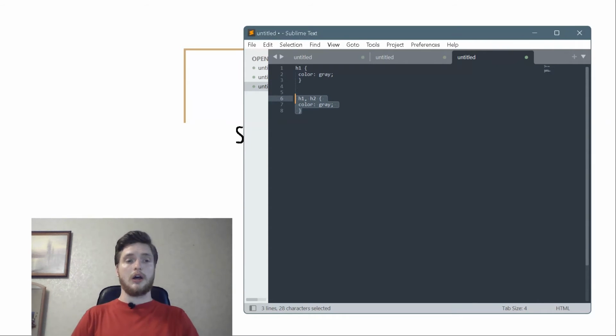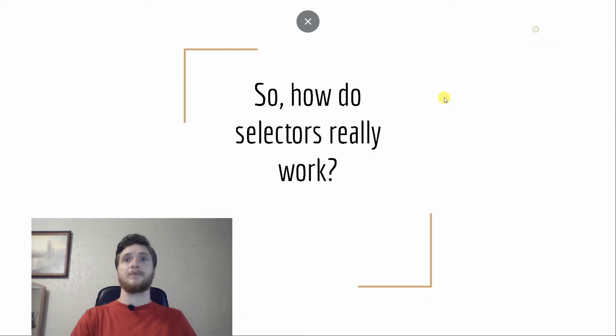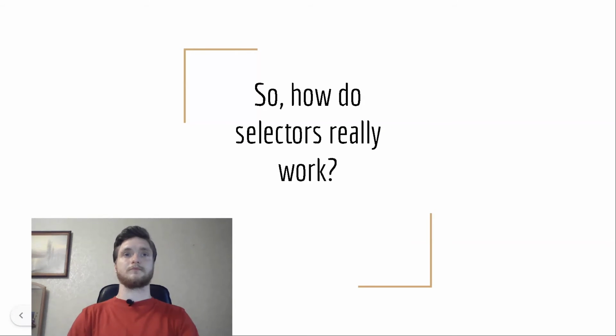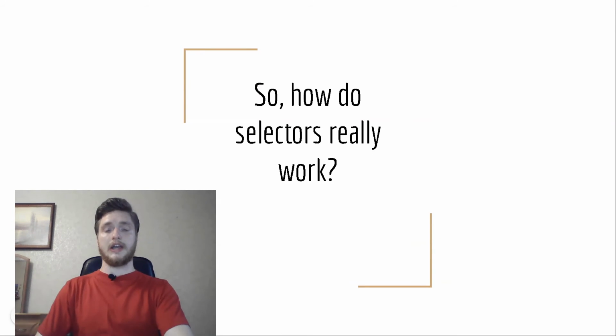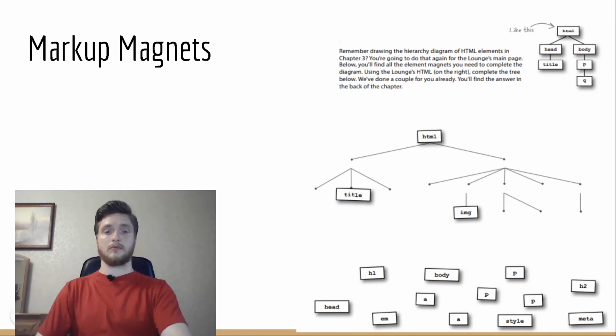After all, how can you select elements for styling if you don't have a good mental picture of what elements are in the HTML and how they relate to one another? So let's get the picture of the long HTML in your head, and then we'll dive back into selectors.